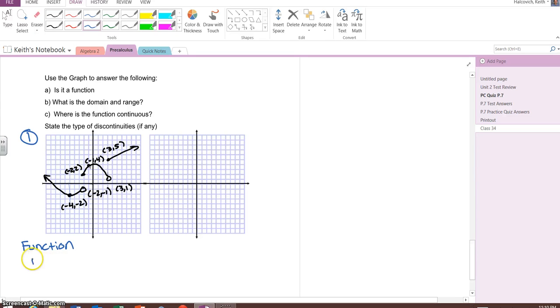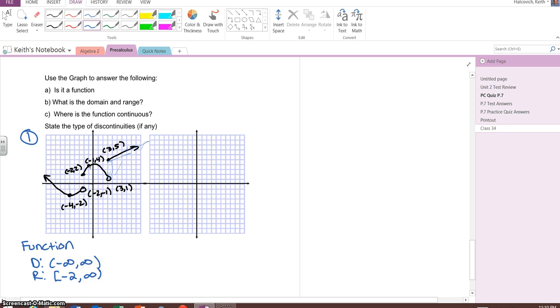Second, the domain, well, if you go from left to right, it is all real numbers. Even though there's some circles here, if you go up here, it does include that number. The range, the very bottom of the graph is -2, but then there's an arrow that means it goes up forever this way and that way. So it's basically anything greater than or equal to -2.